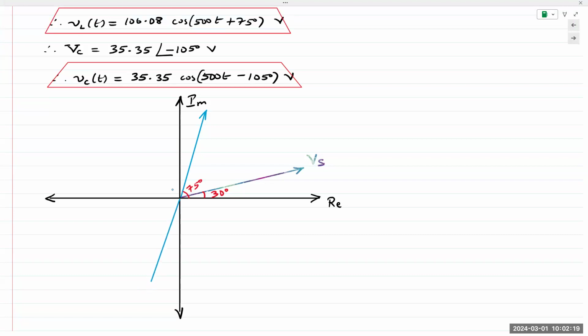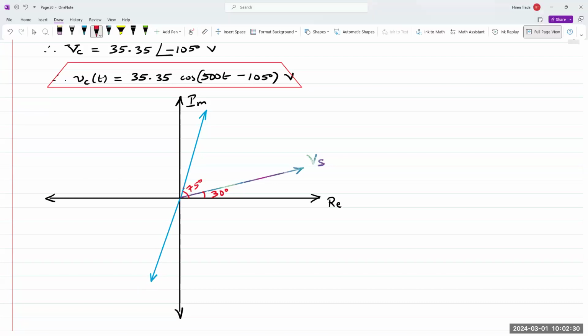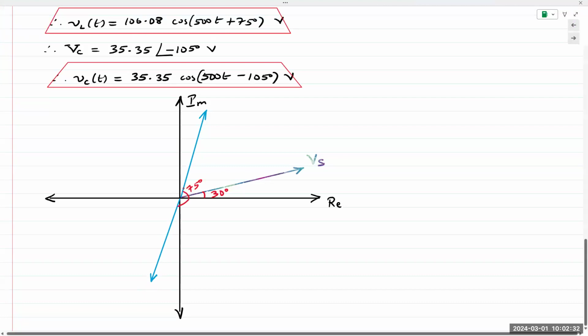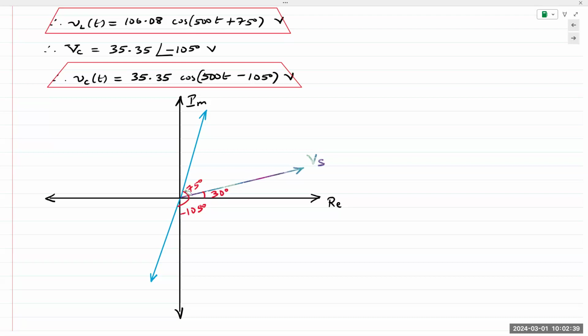Which kind of makes sense because a capacitor and an inductor would be 180 degrees out of phase. So this is minus 105. That's the phasor diagram for these three. VR is at minus 15, and so would be the current.